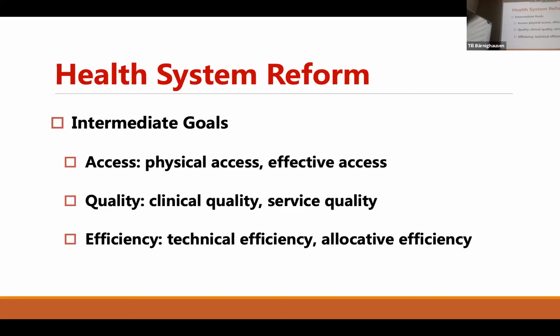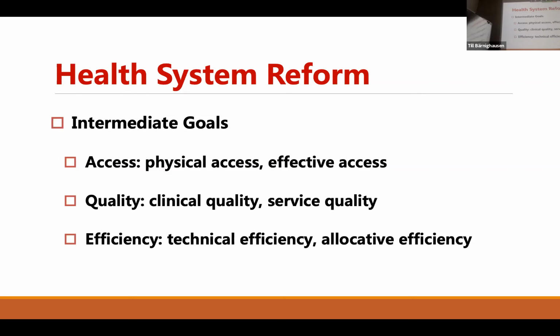And the third intermediate goal is efficiency. There are 2 kinds of efficiency. One is technical efficiency, one is allocative efficiency. By technical efficiency, we mean: are the healthcare providers giving you the right healthcare services at a minimum cost? So that's technical efficiency.